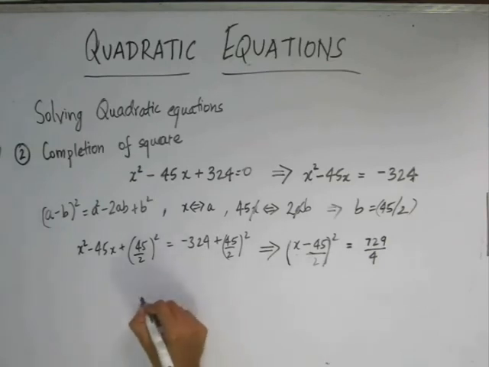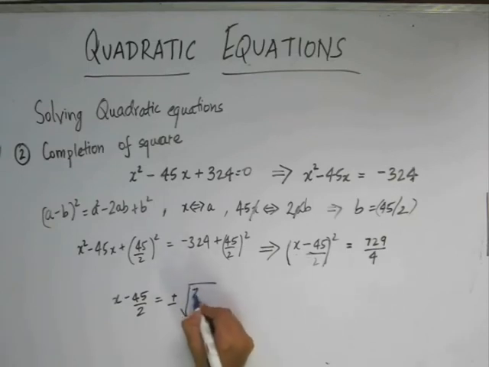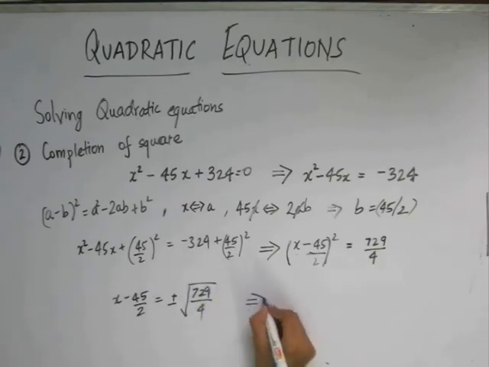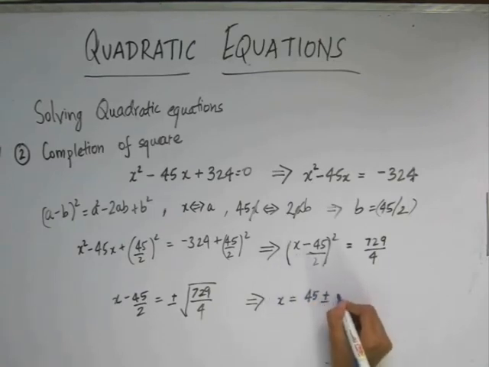So we can directly equate x minus 45 by 2 to be equal to plus or minus square root of 729 by 4. And from this we get a value of x is equal to 45 plus or minus 27 by 2.